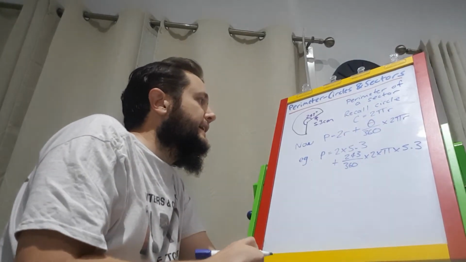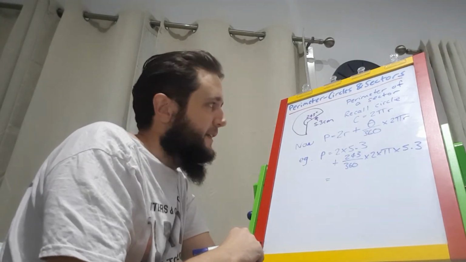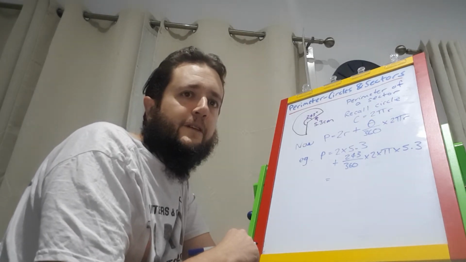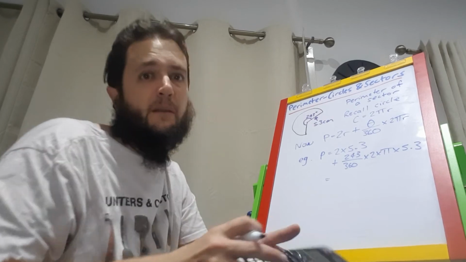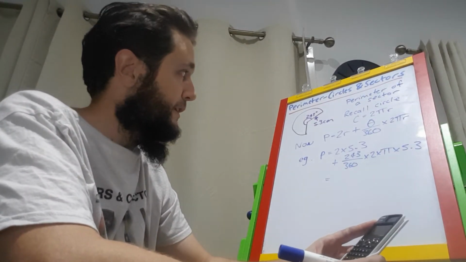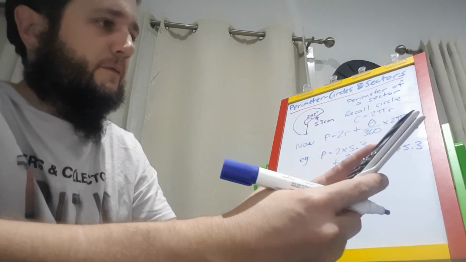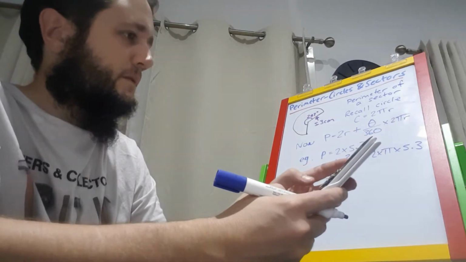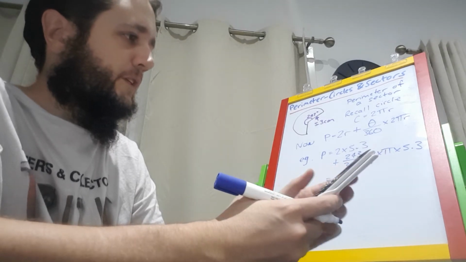Right, now, in this case, you're probably going to put it in the calculator. You can't take it too far keeping it in exact form. In this case, well, it's going to be a messy exact form anyway. So here I'm going to do 2 times 5.3 plus 243 over 360 times 2 times pi times 5.3.